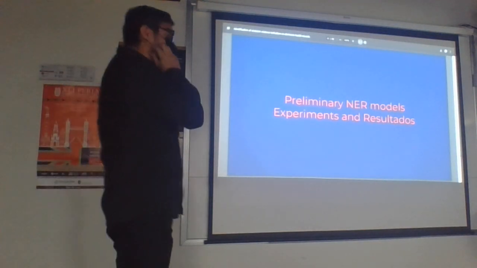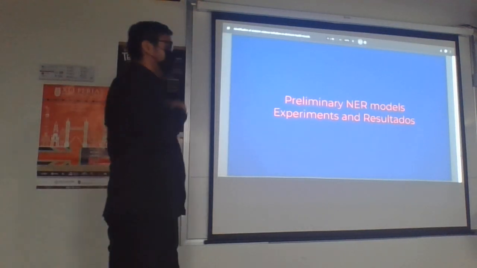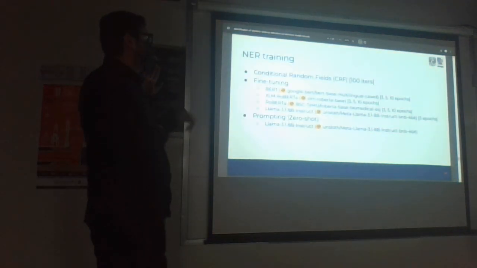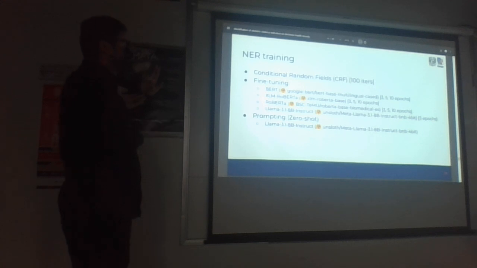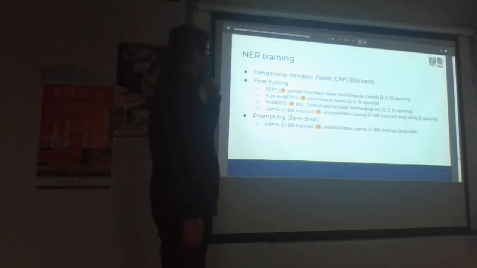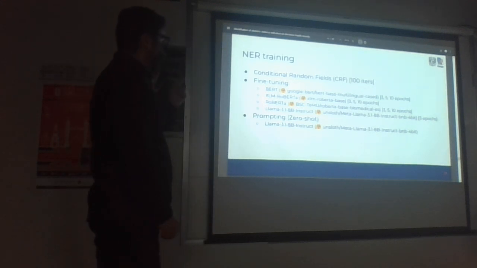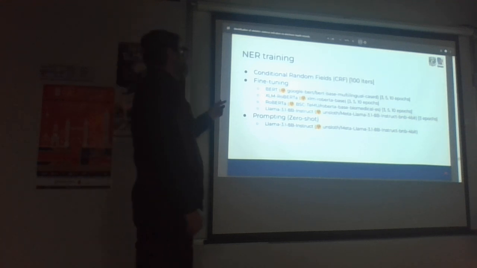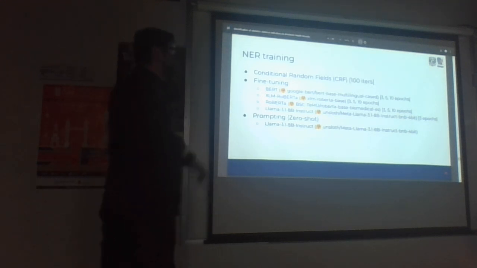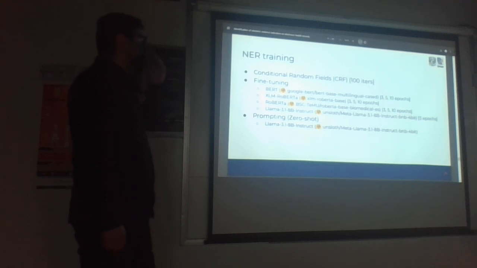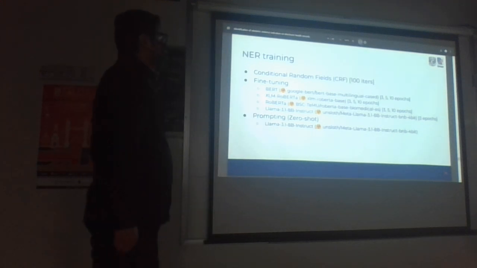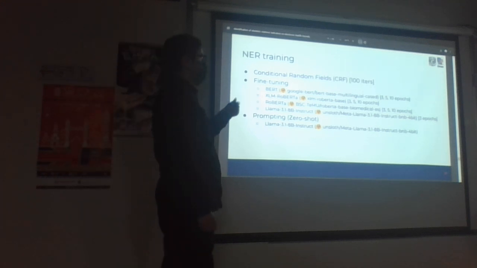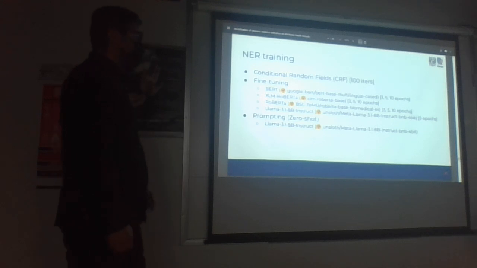This is the preliminary NER models, after the training. I used conditional random fields, which is one of the best traditional models. Then BERT, XLM-RoBERTa multilingual, because this data is in Spanish, and RoBERTa from the Barcelona Supercomputing Center, which is trained on biomedical documents. Llama 3.1, I fine-tuned it, and zero-shot prompting with Llama.